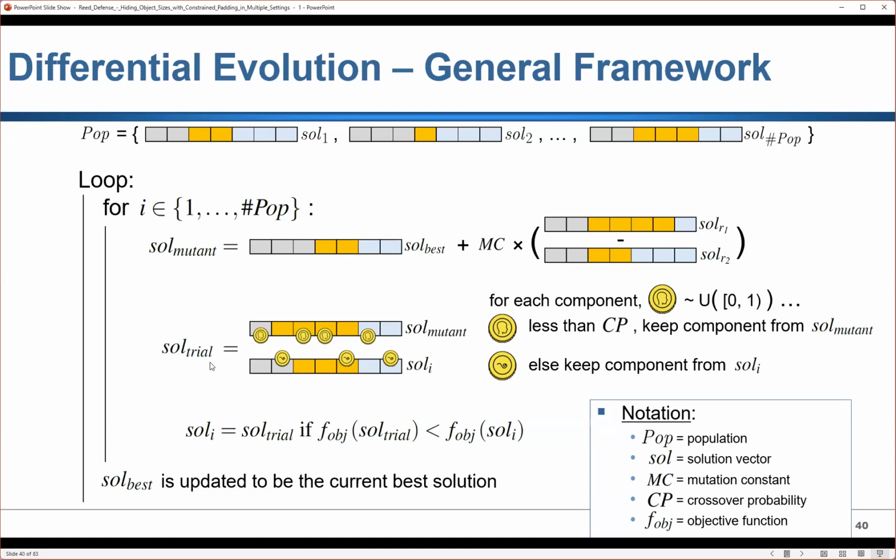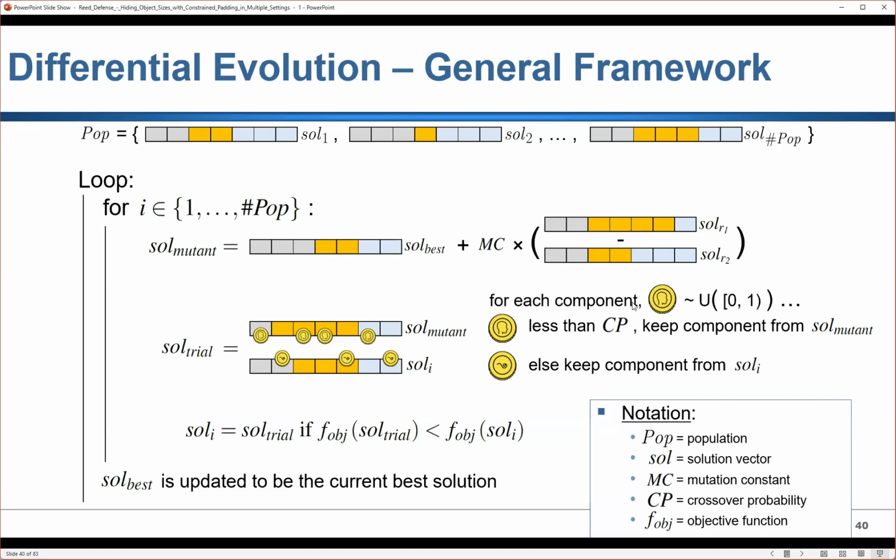Then a trial solution is created by merging the components of the mutant solution with the ith solution in the current population, and that merge is done in the following way. For each one of the components in the mutant solution, you select a random number from the range 0 to 1.